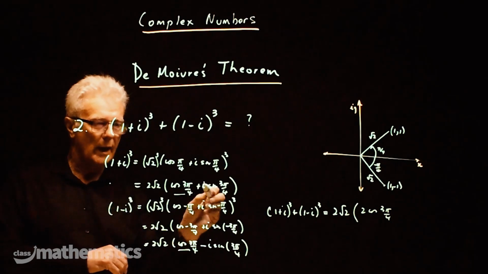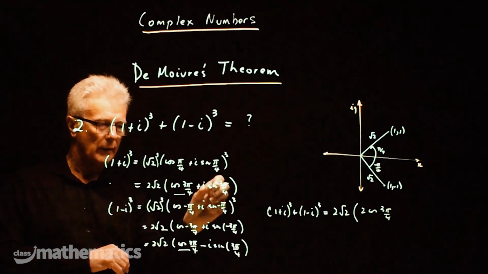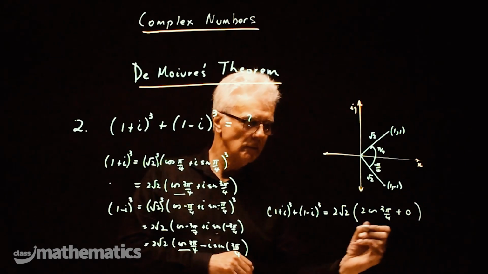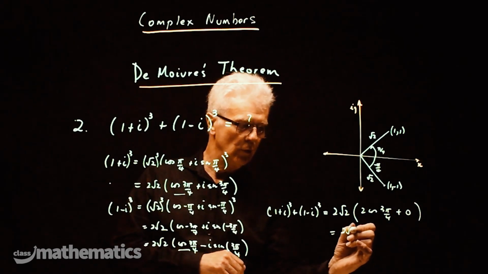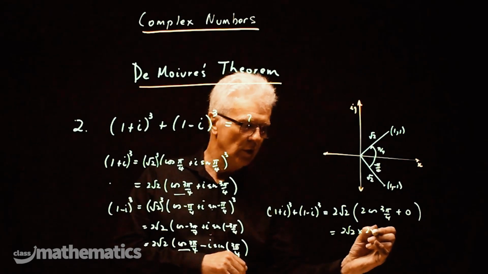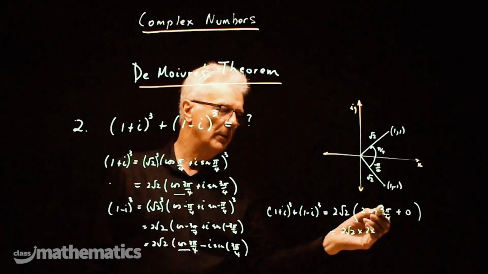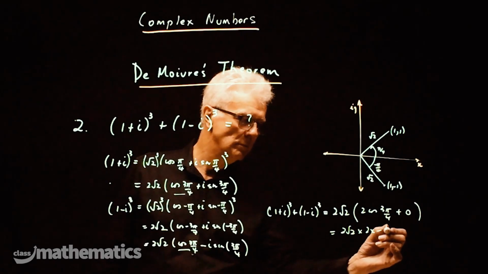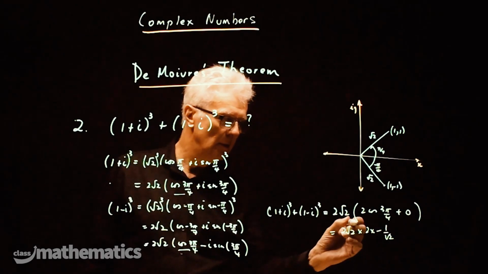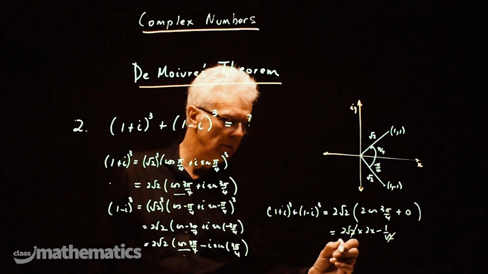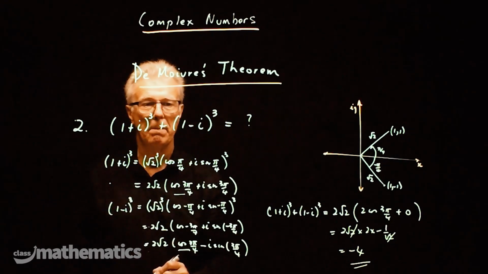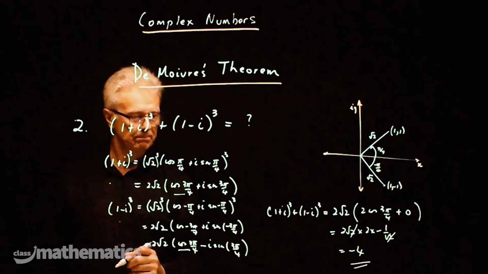But when you add the sine terms, they cancel out, so it's just plus 0. That's 2 root 2 times 2 times cos of 3 pi upon 4, which is simply minus 1 over root 2. Those root 2s cancel out, and you simply get minus 4 as the final result. Done.